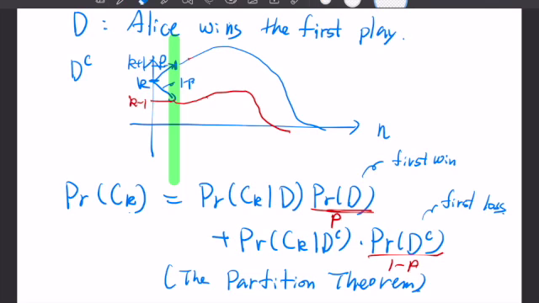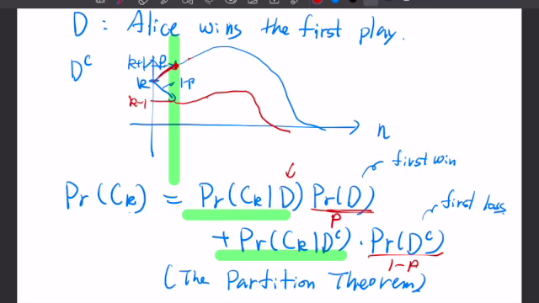What about these conditional probabilities? So the probability of ruin starting from k dollars given the first play was a win. Okay, so that is the probability of ruin starting from this point, right?